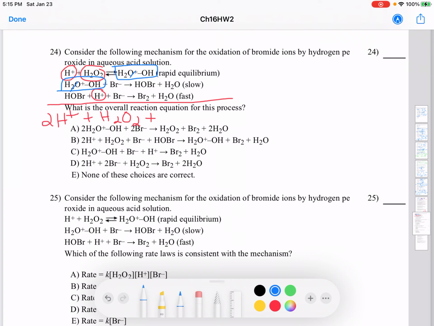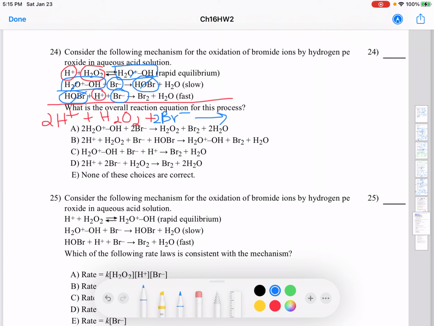Okay, and then we have 2Br minus. Do we have Br minus on the other side? No. So 2Br minus, bromide ions, and on the left side we are still having HOBr. We have HOBr, and on the right side also we have HOBr. That also gets cancelled.